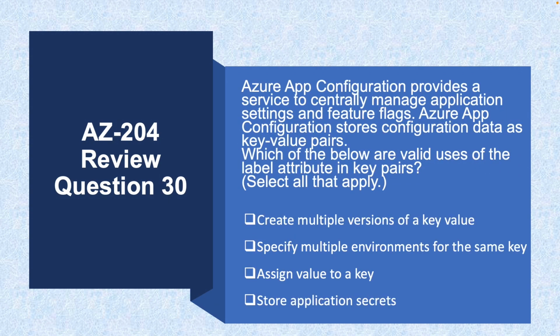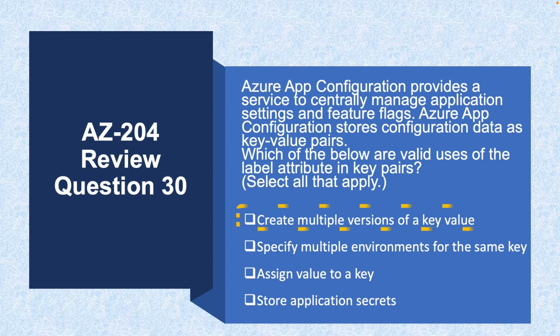Question number 30. Azure App Configuration provides a service to centrally manage application settings and feature flags. Azure App Configuration stores configuration data as key value pairs. Which of the below are valid uses of the label attribute in key pairs? Select all that apply.